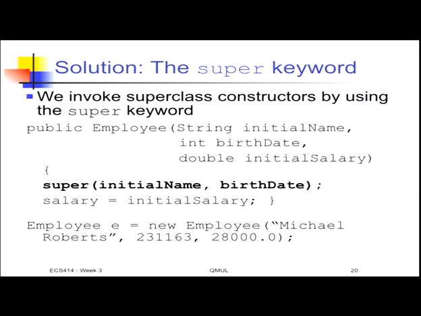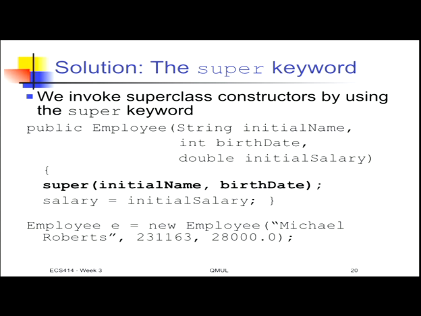So when the compiler sees inside the Employee constructor super and then a string and an integer, it goes into the superclass, that is the class Person, and sees if there is a constructor in Person that takes as argument a string and an integer. If that is the case, then it will call that constructor. Okay?